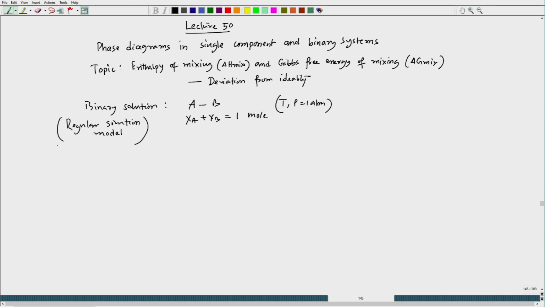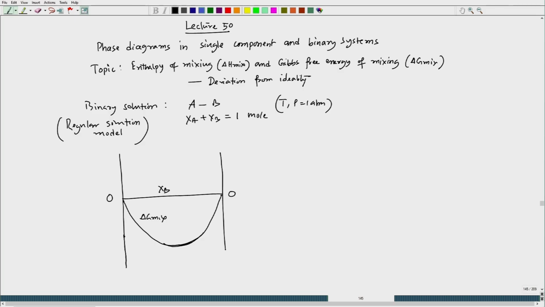All the assumptions related to the regular solution model will be applicable here. First of all, we tried to plot delta G mix with respect to x B. We have also seen that at any point on this particular curve, if I draw a tangent, that tangent gives me the values of delta G bar mix B and delta G bar mix A, and here is delta G mix, which is plotted here.